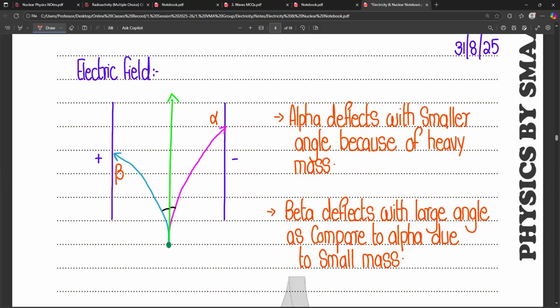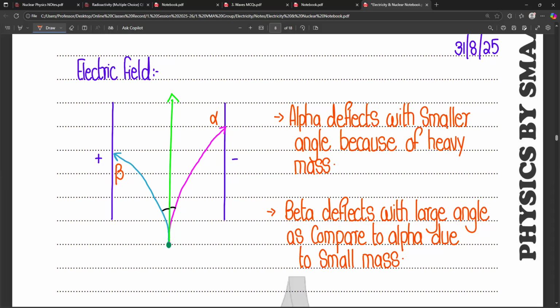So this is the difference between the pattern of alpha and beta because both have different masses, and that's why the deflection shows this difference between these two particles, right?